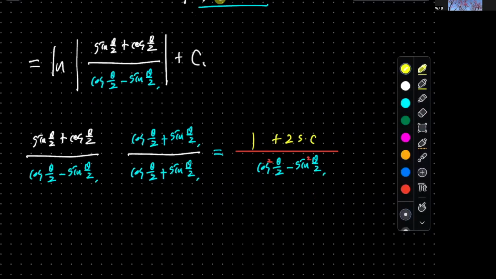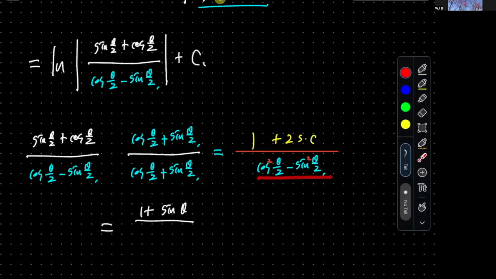And then what about the denominator? Yes, this reminds us of the double angle. Very good. So the numerator is going to be 1 plus sine of twice theta over 2, so just sine theta, and the denominator is also the double angle of cosine, so cosine theta.